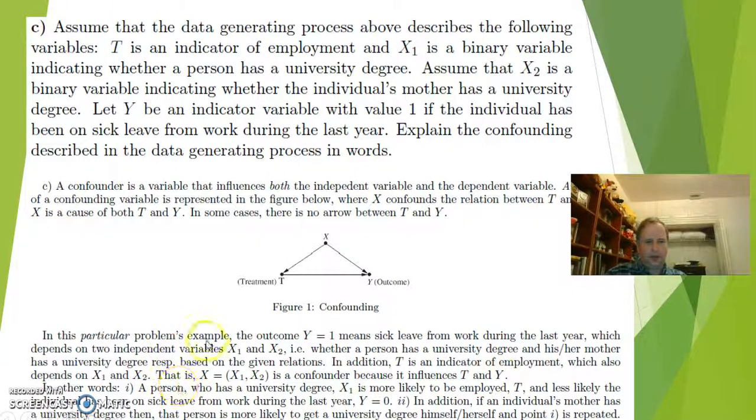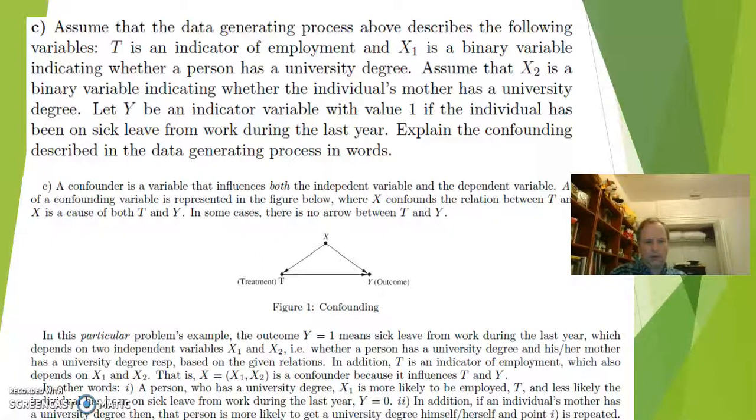In other words, a person who has a university degree, x1 for instance, is more likely to be employed and less likely to have been on sick leave, that is, y equals 0. In addition, if the individual's mother has a university degree, then the person is more likely to get a university degree himself.